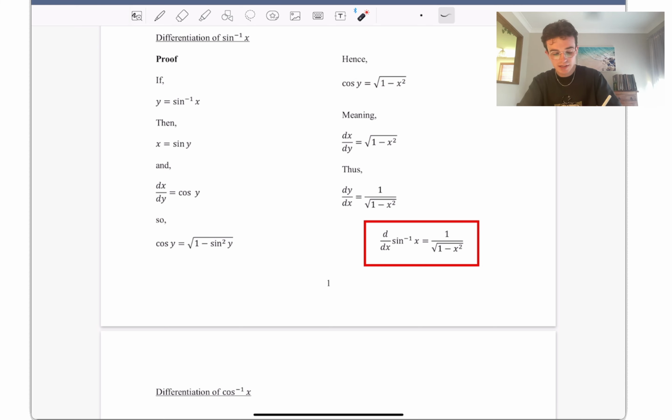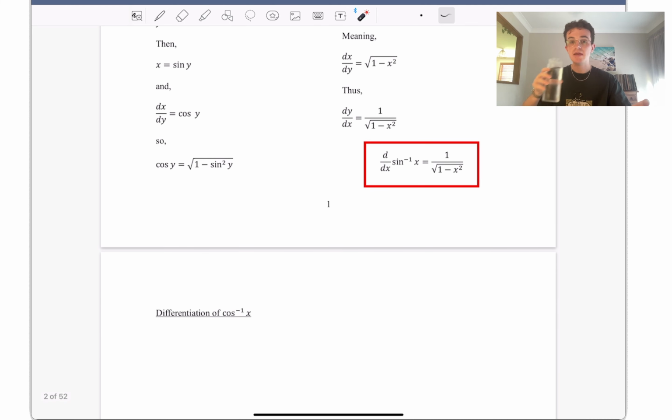So that tells us that dx/dy is equal to the square root of 1 minus x squared. But we don't really care about dx/dy, we want to know dy/dx. Flip it upside down, we take the reciprocal, and we get 1 on the square root of 1 minus x squared. So therefore, d/dx of sine inverse of x is equal to 1 over the square root of 1 minus x squared.